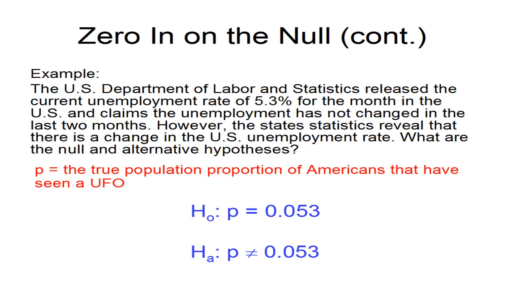Our null is P equals 0.053. Again, it has the equal sign. And our alternative is that it does not equal 0.053. The reason is it says that it has not changed, and they think it has changed. So it doesn't say one way or the other, more than or less than. Therefore, this is going to be a not equal sign.